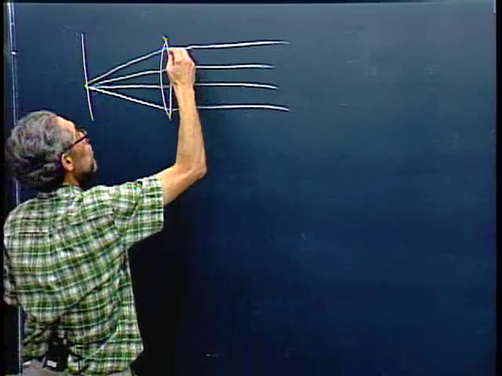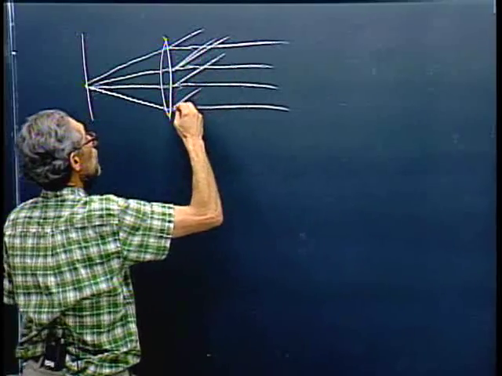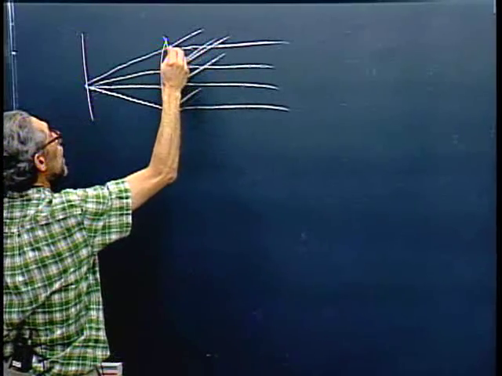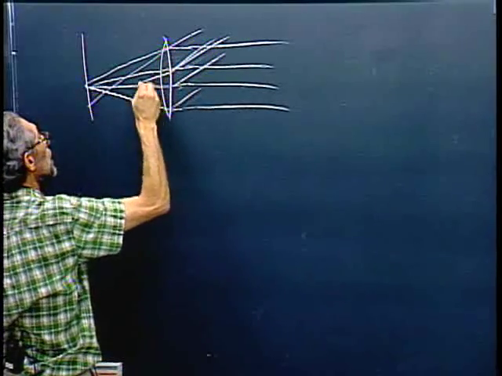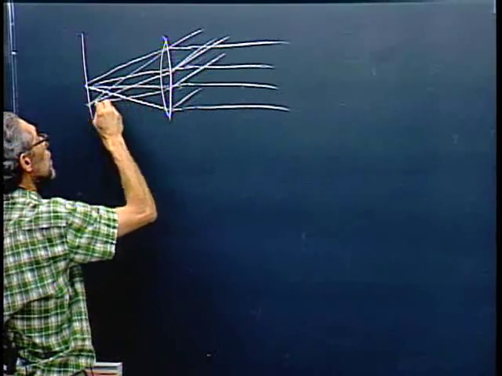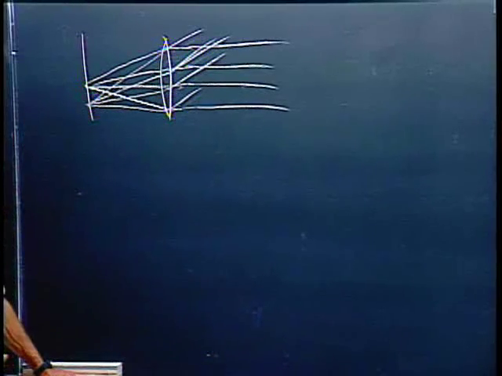And that means rays which are coming in from a different direction, but still parallel rays, will focus at a different point on the lens. But the point will depend only on the direction the rays are coming from.